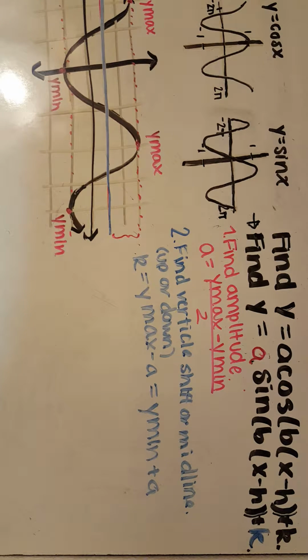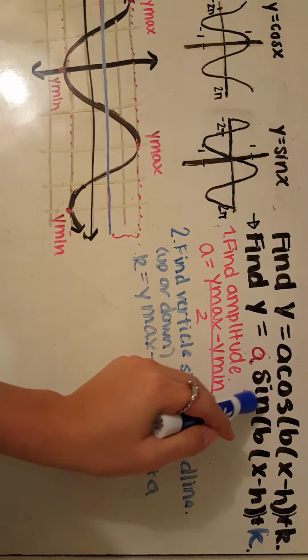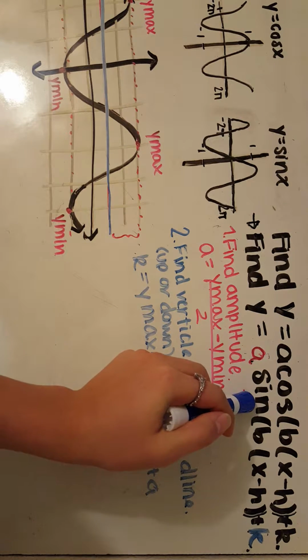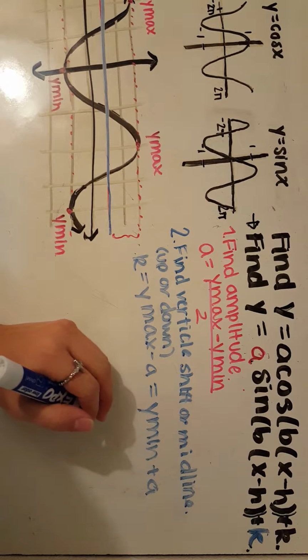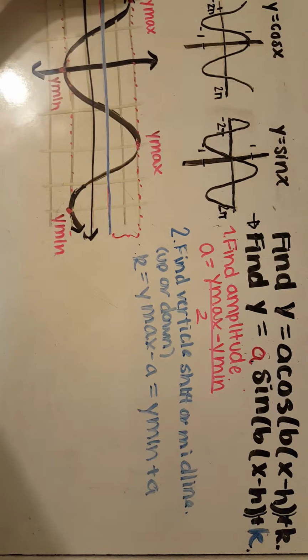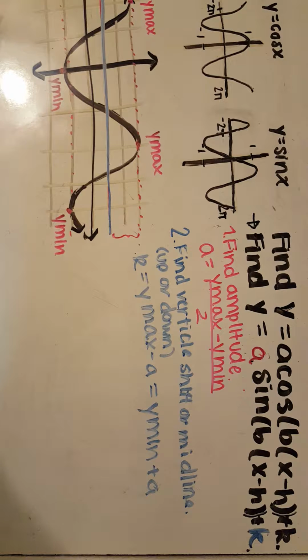Notice that so far we haven't really had to take into consideration that we're finding a sine curve. Our amplitude and our vertical shift is going to be the same across cosine and sine. The part that varies is how we find h.